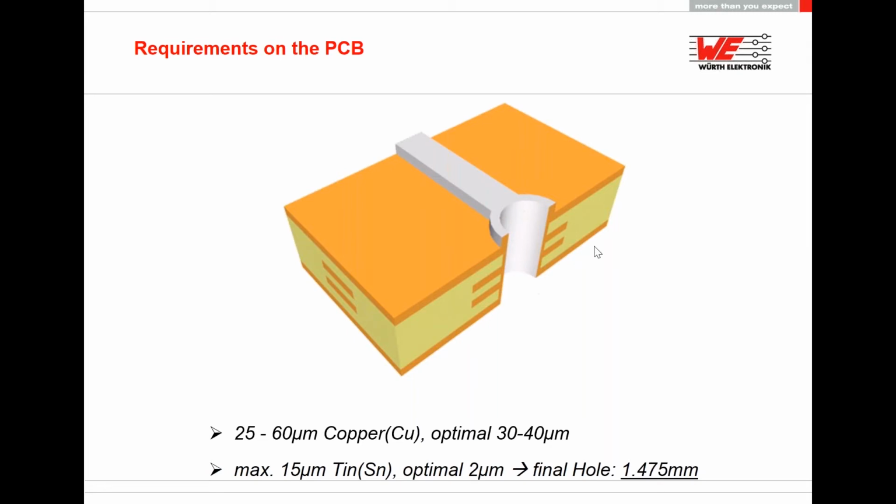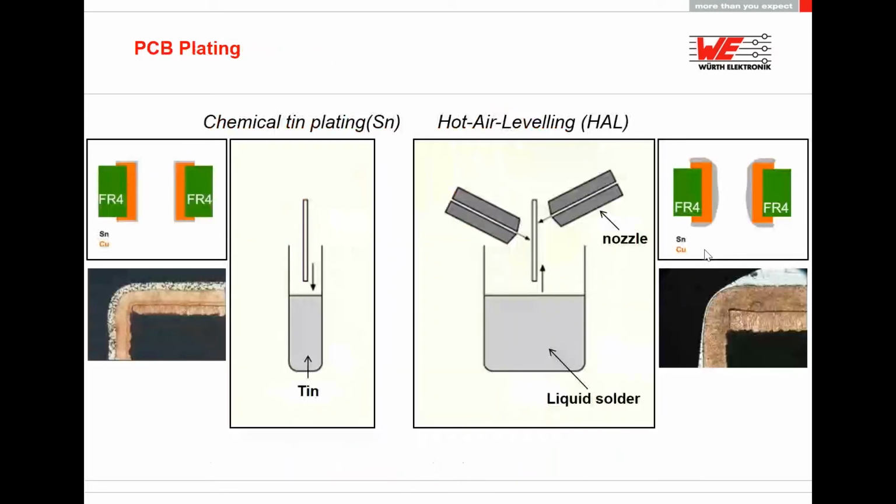And the most interesting thing for us is then the final size after the drilling, plating with copper, plating with tin, and then the final size is the most important, because to this final via we connect our pin finally. And here are different PCB plating processes for tin.